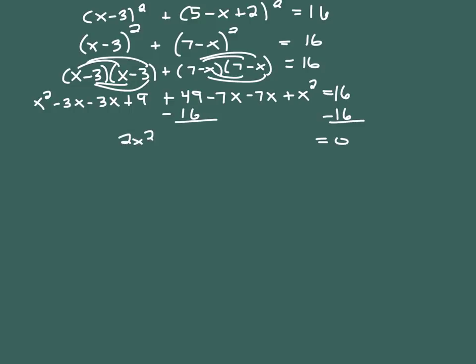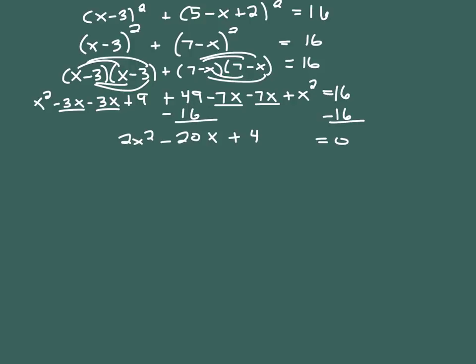And then we have lots of x's to combine. We can combine a negative 3x, a negative 3x, a negative 7x, and a negative 7x to give us negative 20x. And then let's combine these numbers. Actually, plus 9, so 9 plus 49 minus 16. That's going to be positive 42.